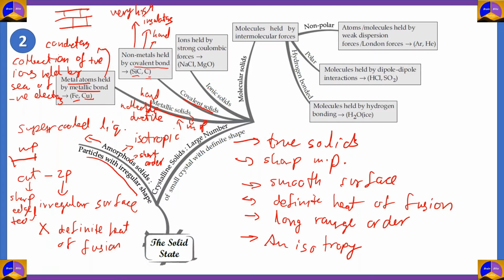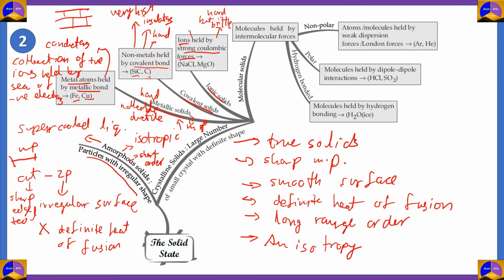Next, we look at ionic solids. Ionic solids are basically composed of ions which are held by strong Coulombic forces. Coulombic means they're also electrostatic forces. So the ionic solids are characterized by hardness, but they're also brittle. So these solids are hard, but they also get broken up easily because they're brittle.